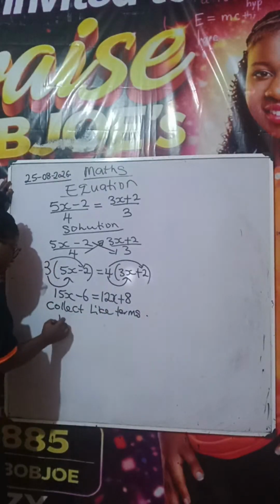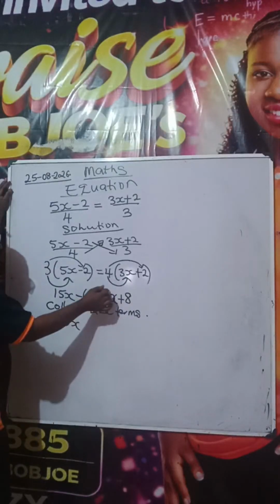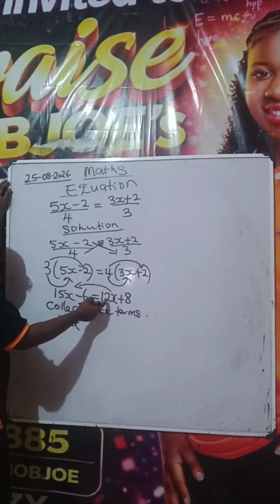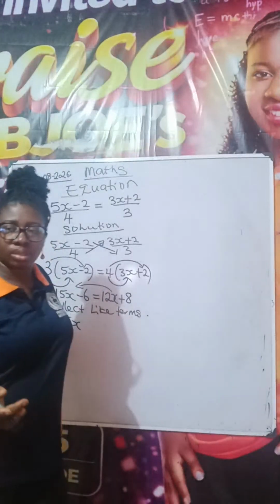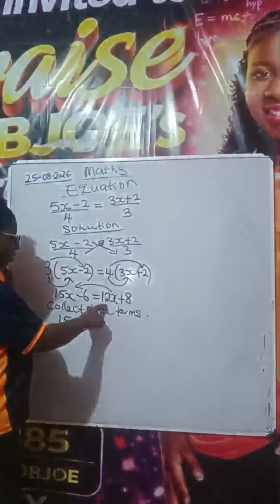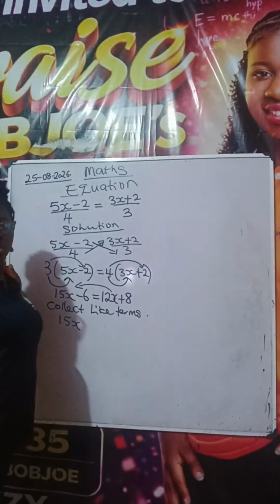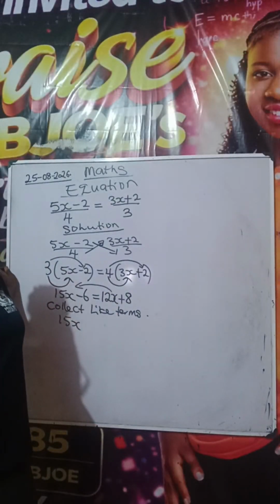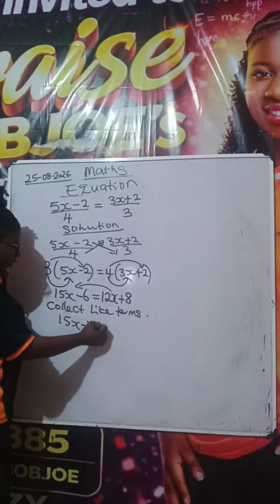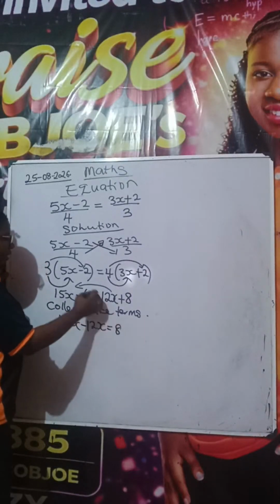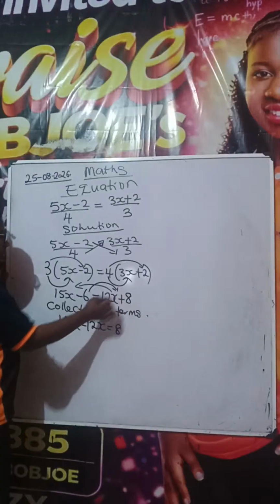And that will be 15x. Now I'm bringing this one to this side. If I bring 12x to the left, will it be plus or minus? It's positive now. If I take it to the left, will it be plus or minus? So we are getting negative. Good job. We have minus 12x equals to 8. Then I'll move the 6 to the right.